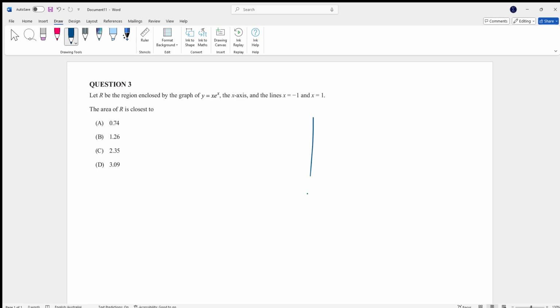Your graph will look something like this, with -1 here and 1 here. So that's x equals -1 and x equals 1.